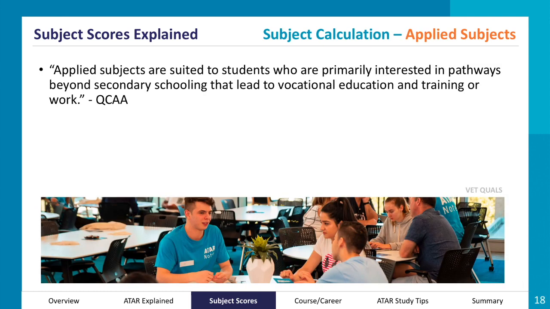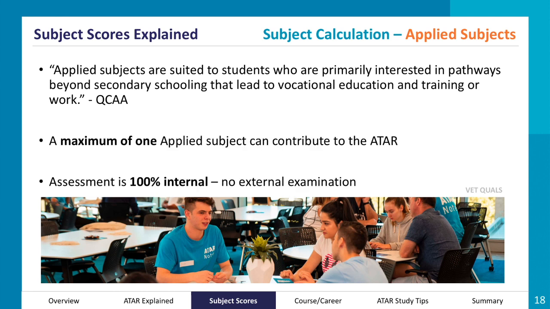If we duck over to applied subjects though, these are a little bit different. As mentioned by QCAA, they're better suited to students who are more interested in pathways beyond secondary schooling that lead to vocational education and training or work. The important thing to know with applied subjects is a maximum of 1 can contribute to your ATAR.